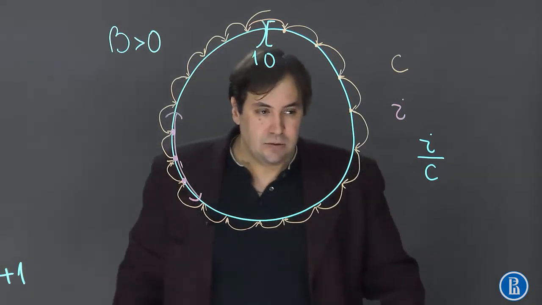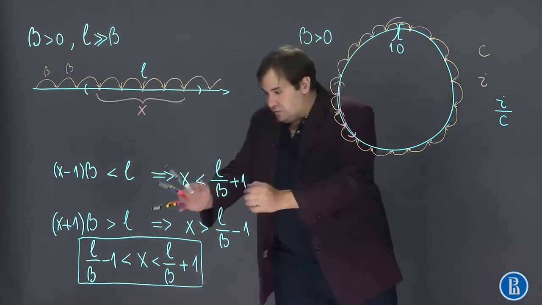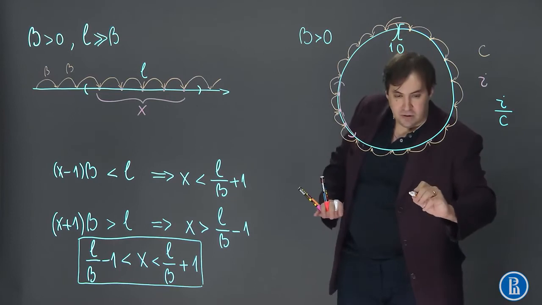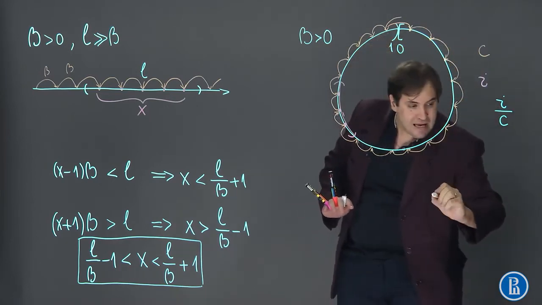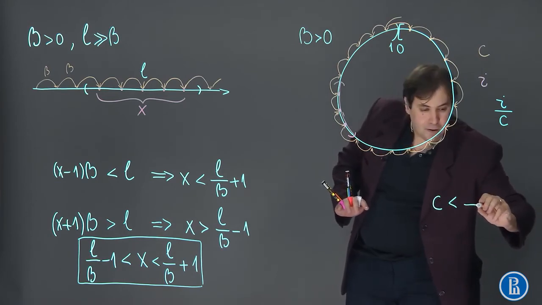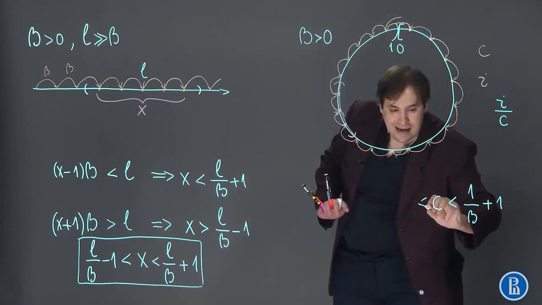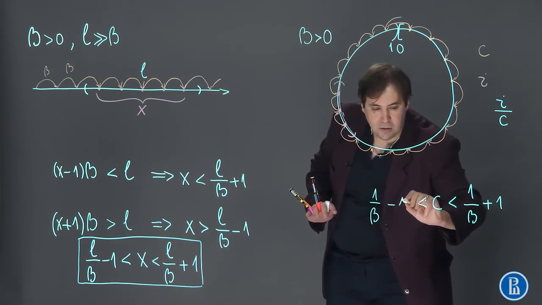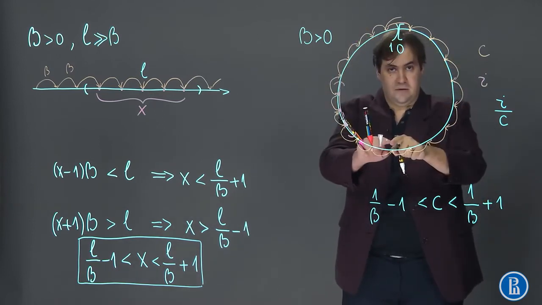We can use our previous inequalities over here to state that the number of marked points on the circle, C, is between 1 over beta plus 1 and 1 over beta minus 1, where 1 is the length of the circle itself.